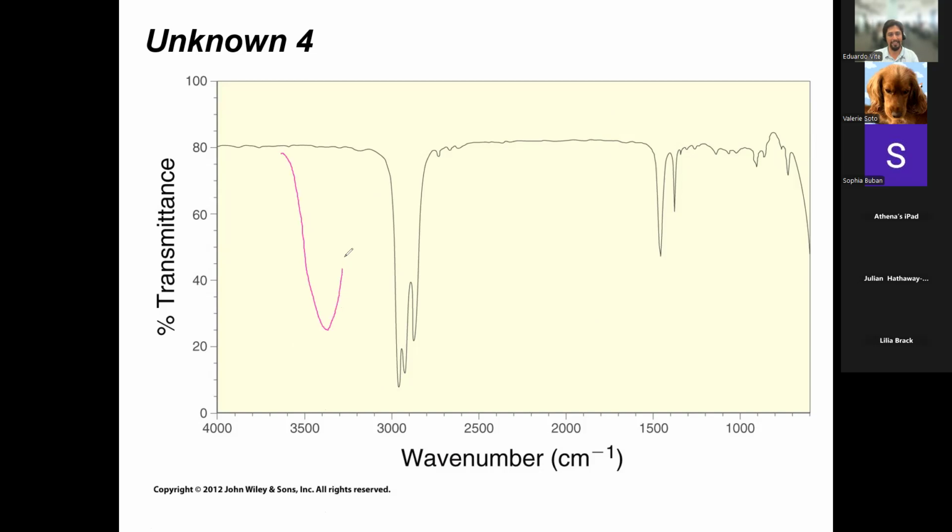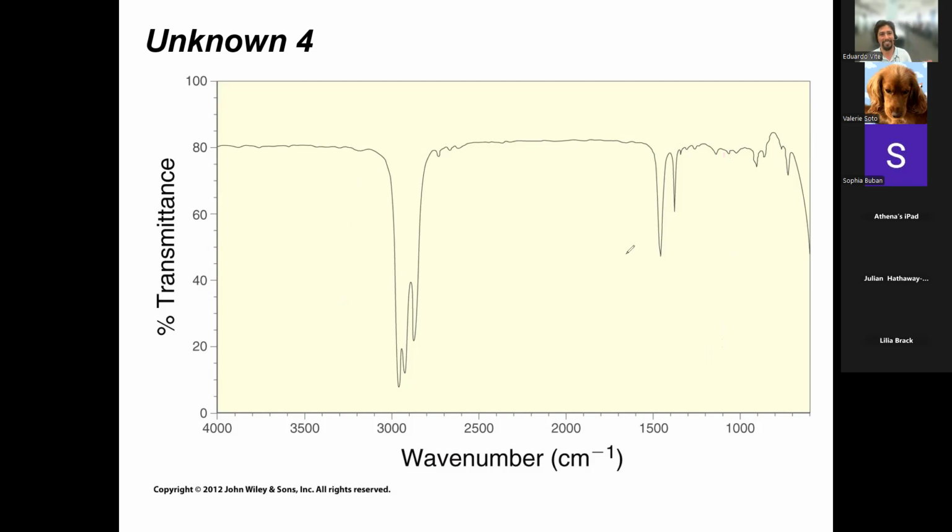Do we see something that looks like this? Well, I'm drawing it, right? So no, that's right. No, we do not see it. Perfect, right? Do we see a carbon oxygen single bond at around 1100? Well, I'm drawing it, so obviously we don't see it, right?